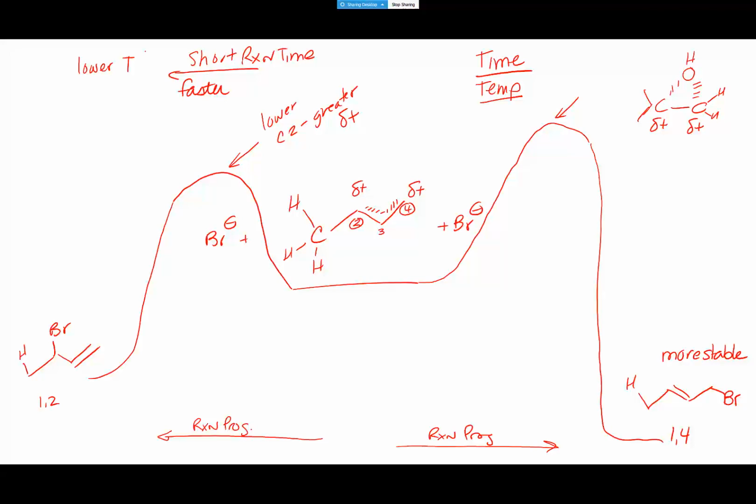So now the big question is, how can I ever make the 1,4 product the major product if most of it's going to the 1,2 condition? Okay, that was going to be a rhetorical question, but you can take a shot.